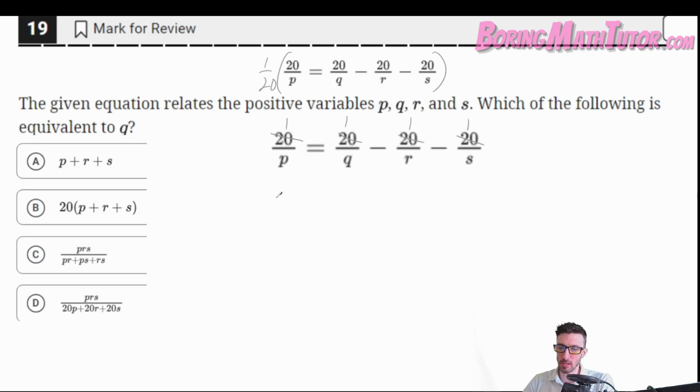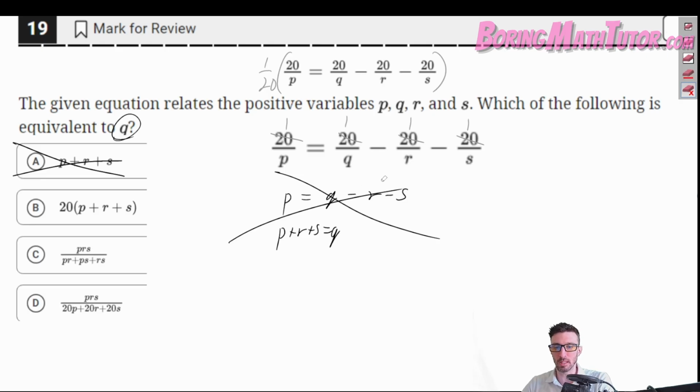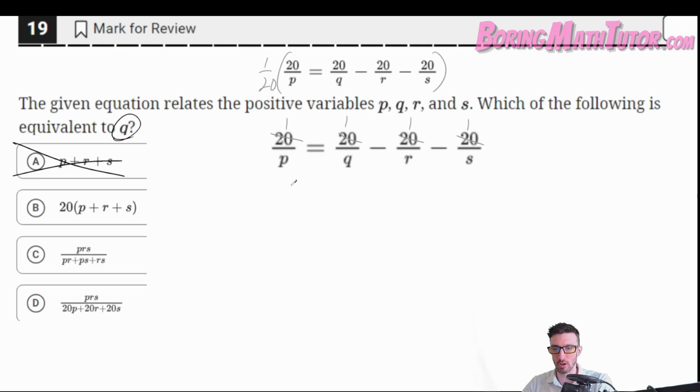And then you might be thinking, well then I'll just flip everything, and then P will equal Q minus R minus S, and then when I'm trying to solve for Q, I'll just do P plus R plus S equals Q, and you would be completely and utterly wrong. That is not true. You cannot do just flipping all of these things. That does not work. So let's talk about what actually does work.